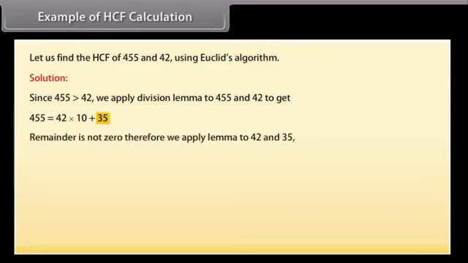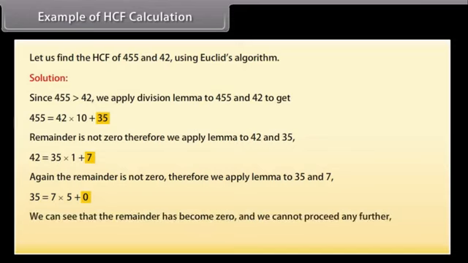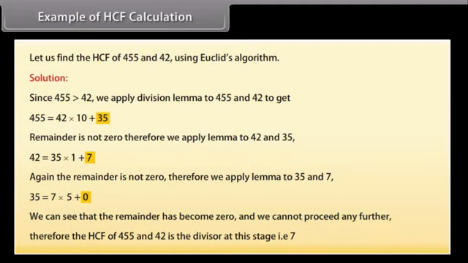Remainder is not 0, therefore we apply lemma to 42 and 35. 42 = 35 × 1 + 7. Again, the remainder is not 0. Therefore, we apply lemma to 35 and 7. 35 = 7 × 5 + 0. We can see that the remainder has become 0 and we cannot proceed any further. Therefore, the HCF of 455 and 42 is the divisor at this stage.